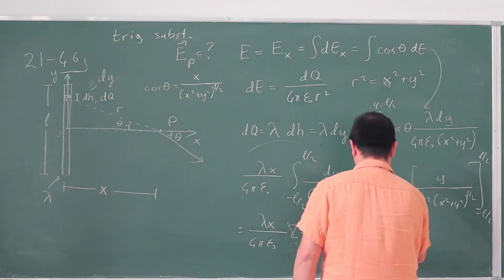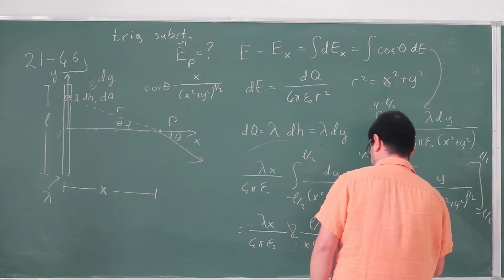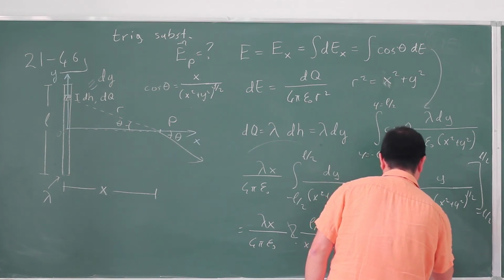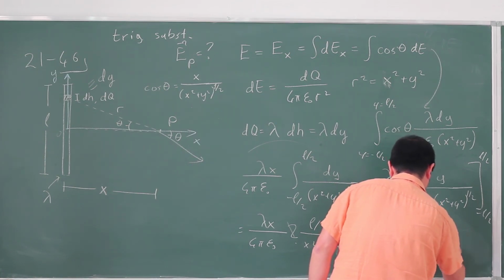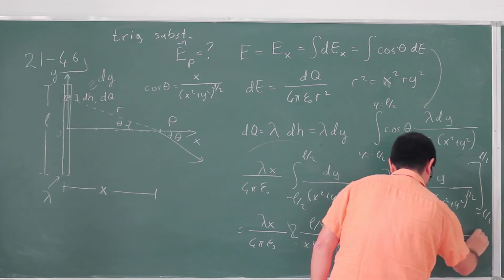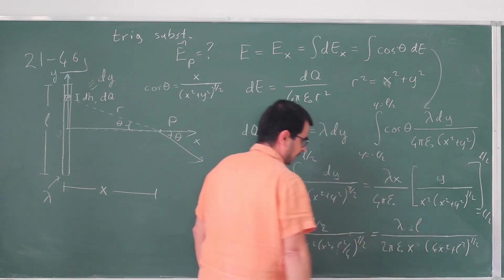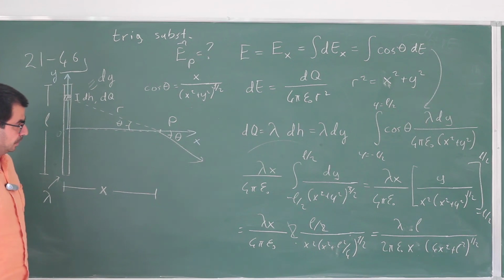So we can write this as lambda x L divided by 2 pi epsilon naught times the square root of 4x squared plus L squared. And finally, we can cancel this x with one of the x's in the denominator, and we get the expression that's given in the book.